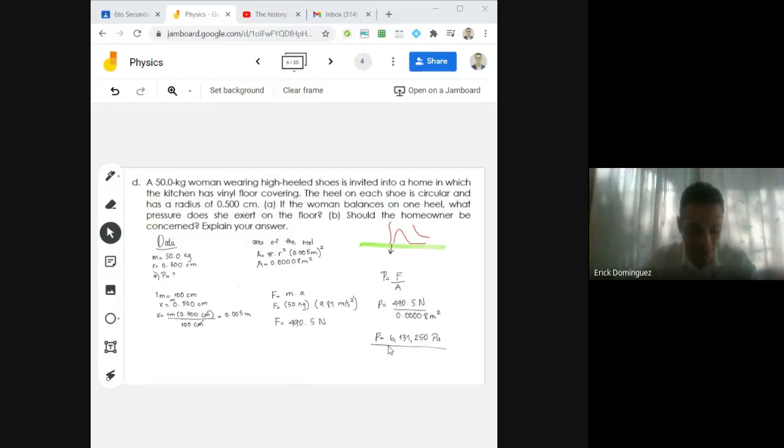That's that number that you have right there, which is a very big number. It is an approximation of 6.13 times 10 to the power of 6 pascals, or 6,131,250 pascals.